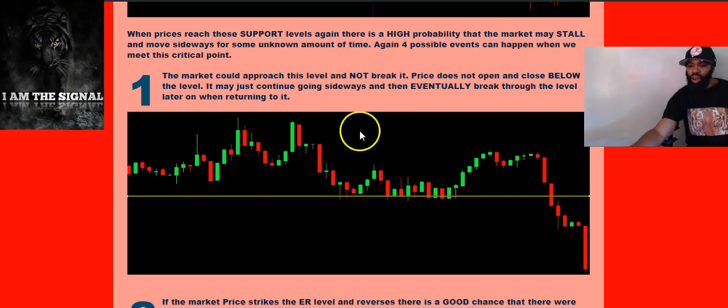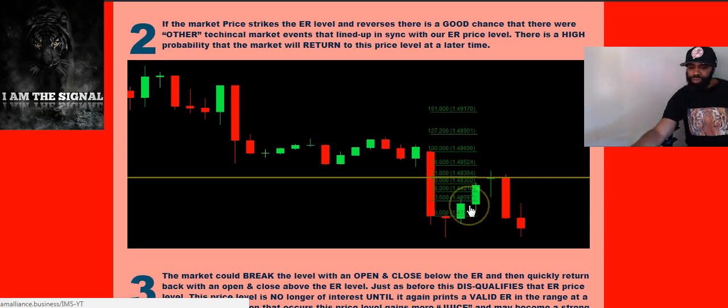Price does not open and close below the level. It may continue sideways and then eventually break through the level, right?